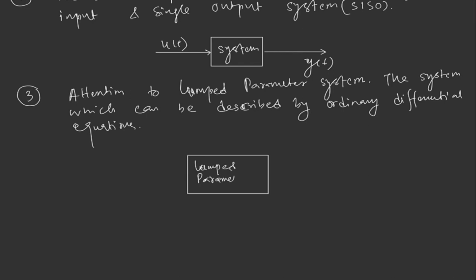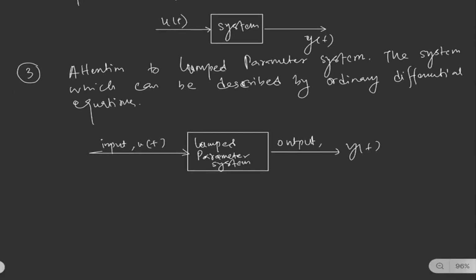Here we can describe the system with ordinary differential equations, and we are having input to the system by input u of t, and we are having output from this system by y of t. So this is my output from this system. Please note, here we are going to consider natural system first, then we'll come up with the control.